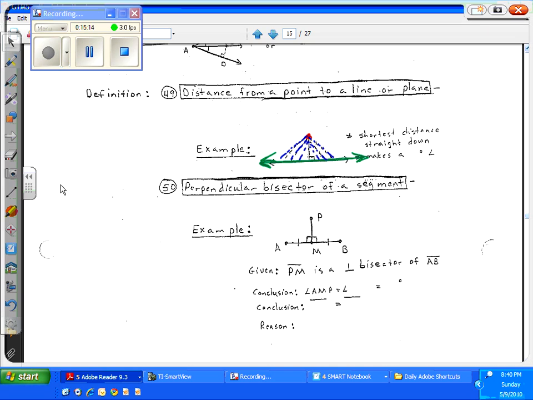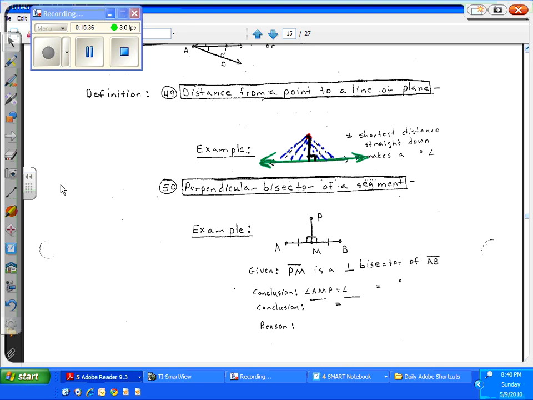Well, from that point to that line, only one perpendicular can be drawn. We've learned that already. There's a theorem that we've already covered that says given a line and a point not on that line, exactly one parallel and one perpendicular can be drawn to the line.